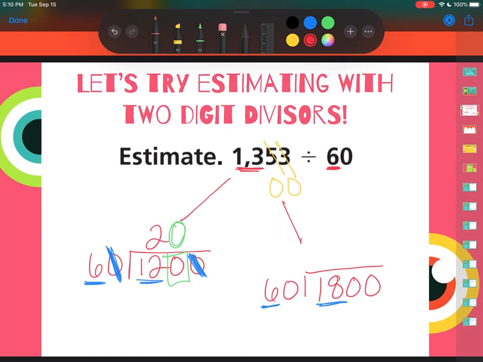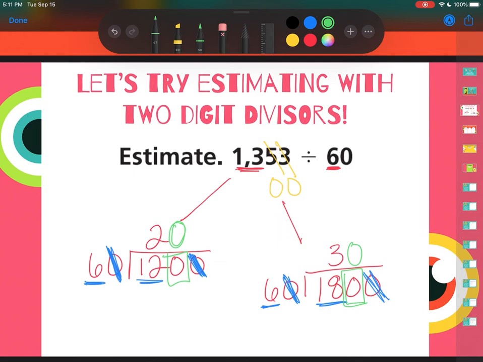Well, 6 can go into 18 3 whole times, right? And now I'm going to cancel out zeros that I can. I've got a 0 here. That will cancel out a 0 here. Now I've got 1 lone 0 that is going to float up into my answer, making it 30. So 1,800 divided by 60 was 30.